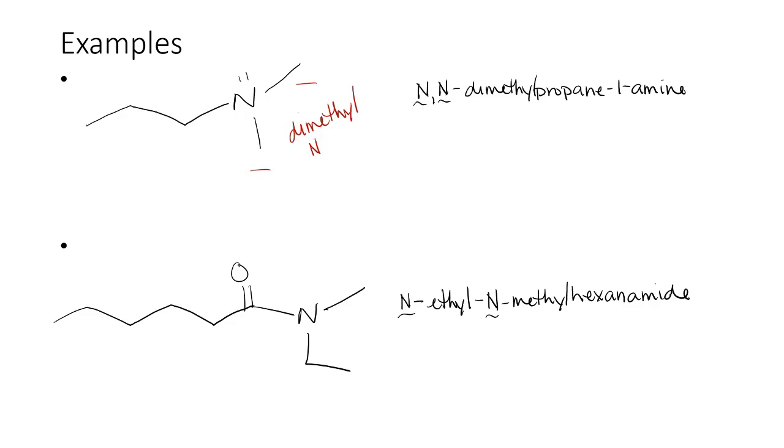For the hexanamide, the amide functionality is terminal, so we do not need a locant in front of the amide functionality like we did the amine functionality.